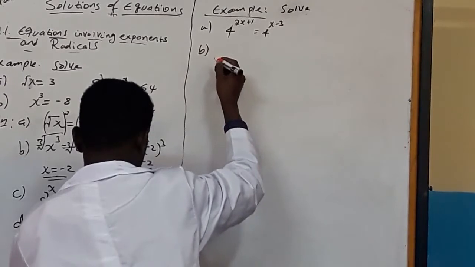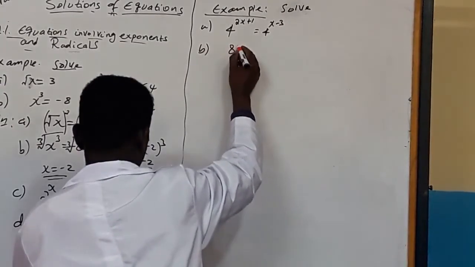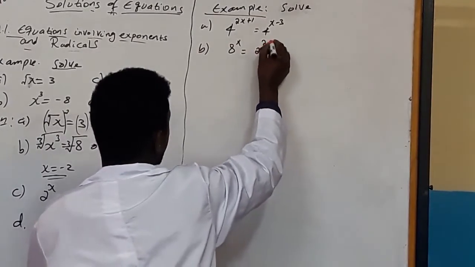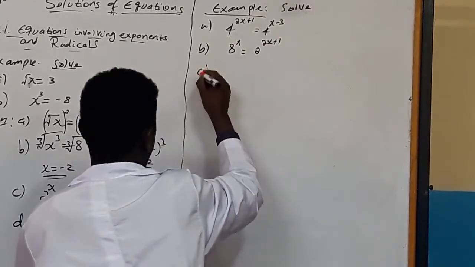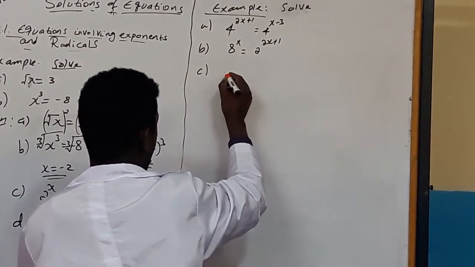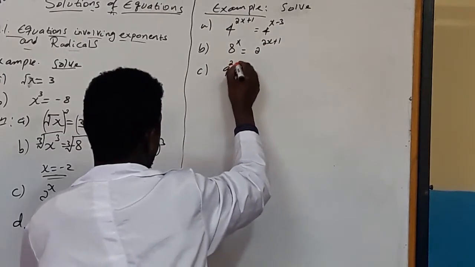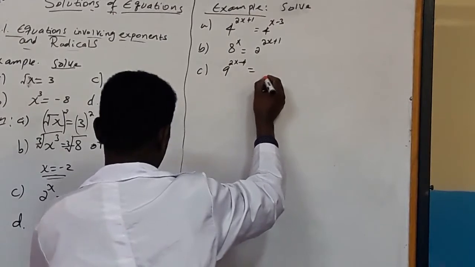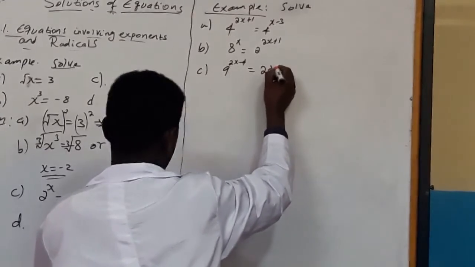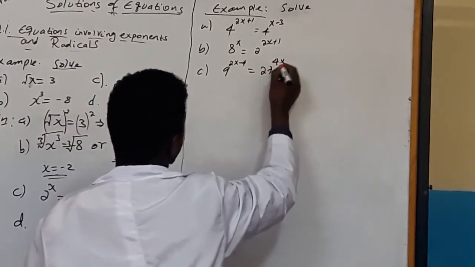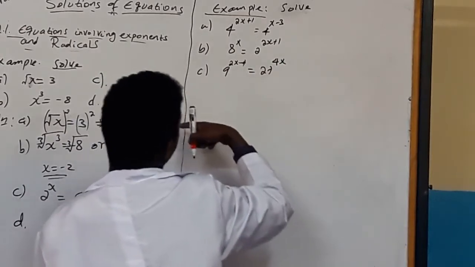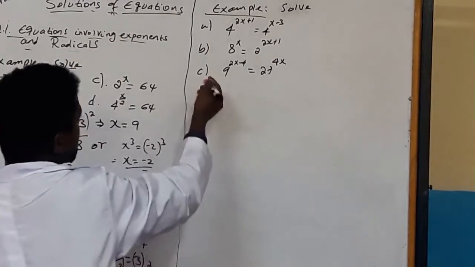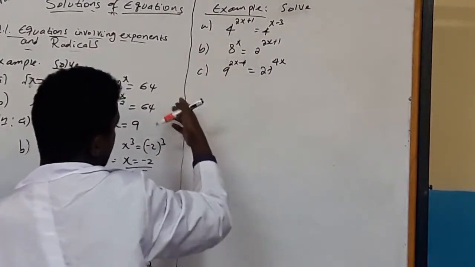B: 8 to the power of x is equal to 2 to the power of 2x plus 1. C: 9 to the power of 2x minus 4 is equal to 27 to the power of 4x. Let me start with the first one.